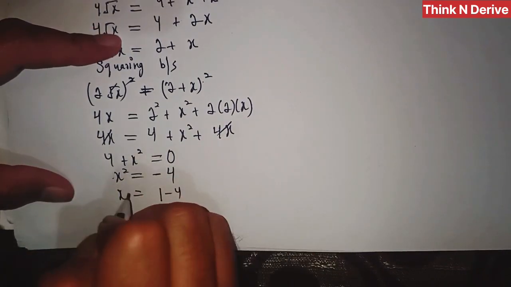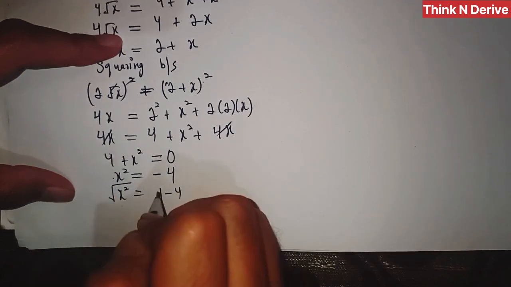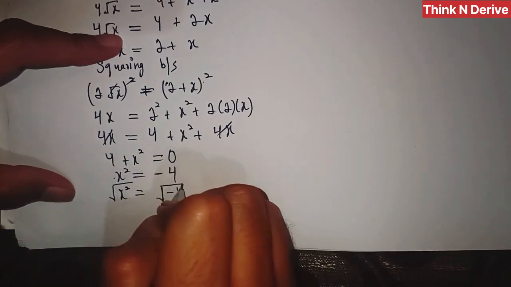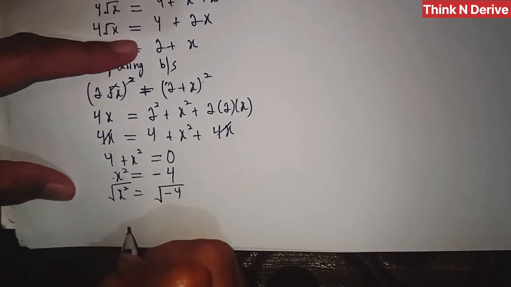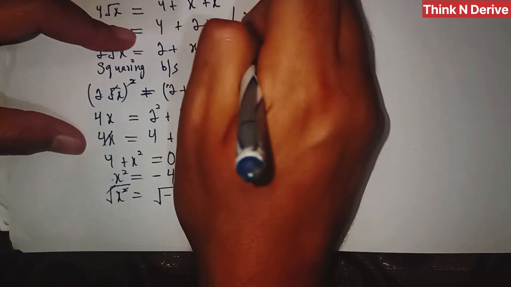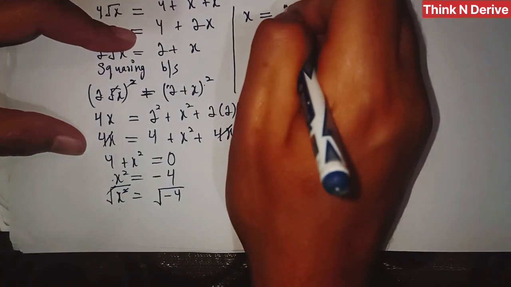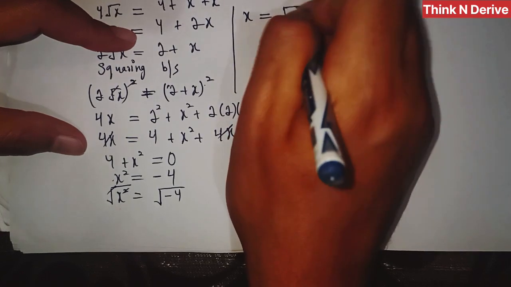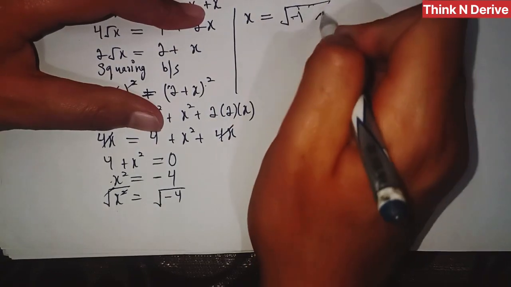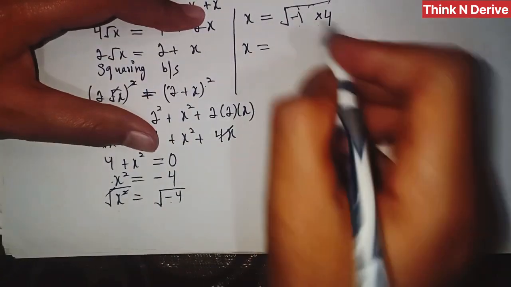Now we'll take root on both sides, it will become √(x²), and here it will become √(-4). Here this root and square will cancel out, so x is equal to √(-1 × 4).